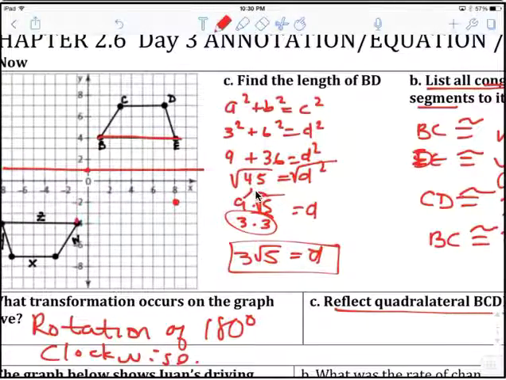Counting 3, 3. It didn't say to label it anything, so we can leave it without any label. 6, 6. There. 6, 6. There we go.